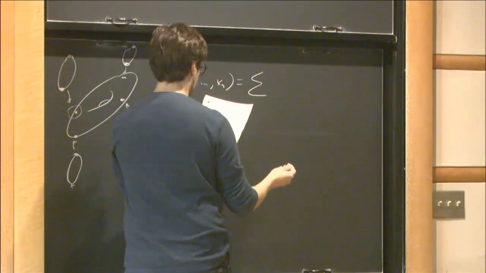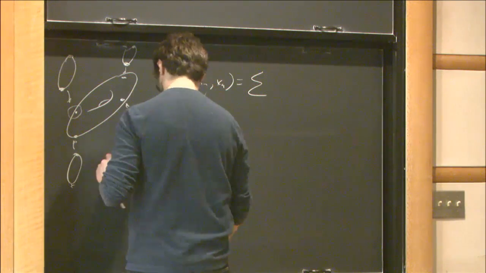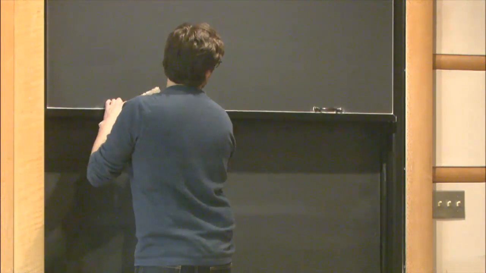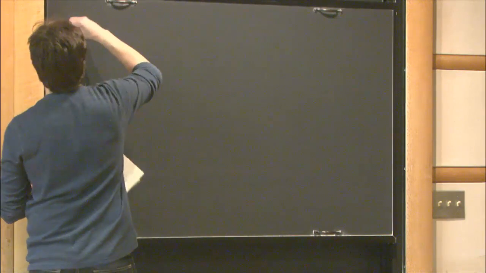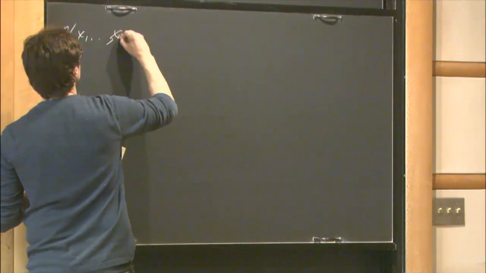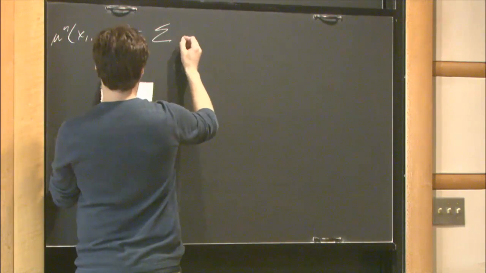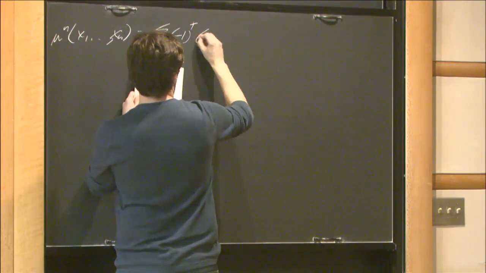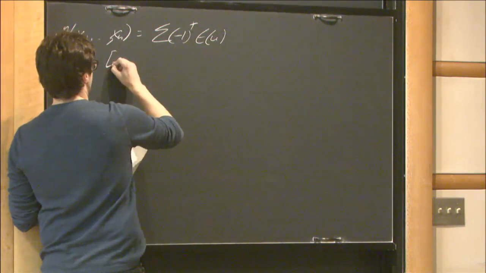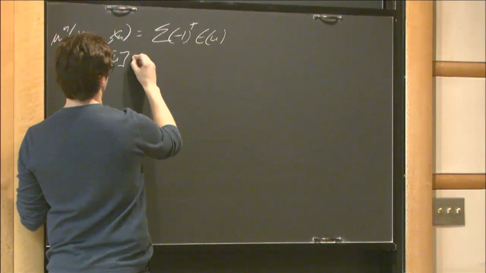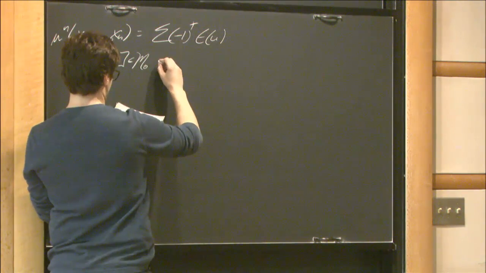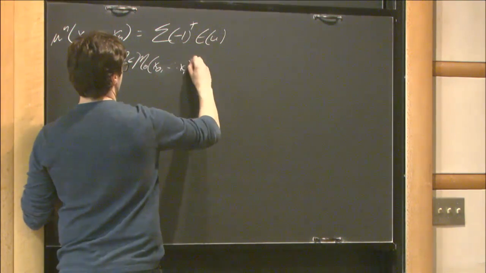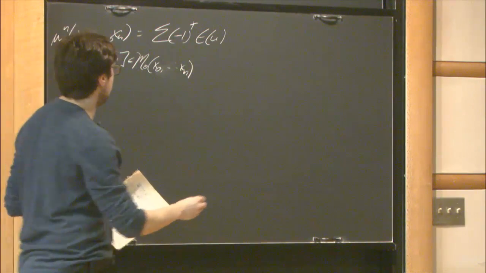So this is going to be, maybe I should start this on a new board, minus one to something, and then some sort of sign, summing over holomorphic configurations in some zero-dimensional moduli space, with output x_0.